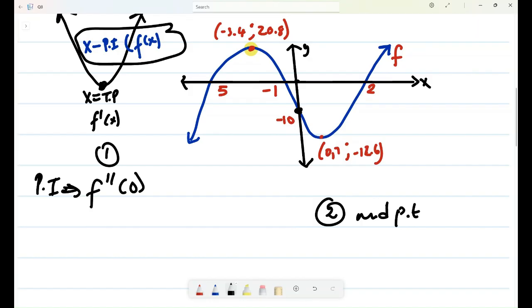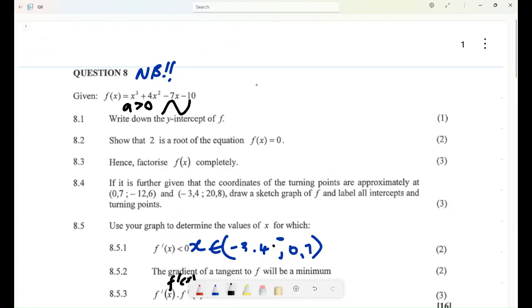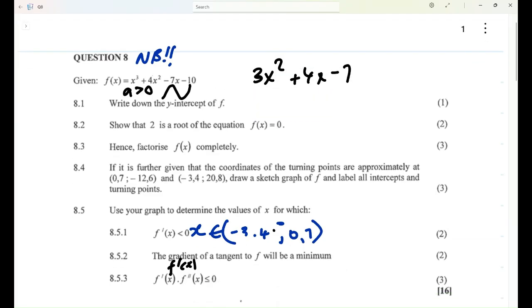Now the second derivative of this function: the first derivative is going to be 3x squared plus 4x minus 7. The second derivative is going to be 6x plus 4.